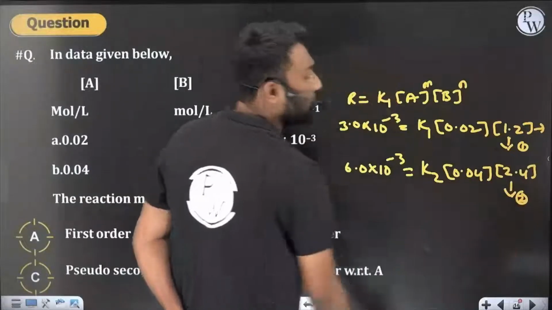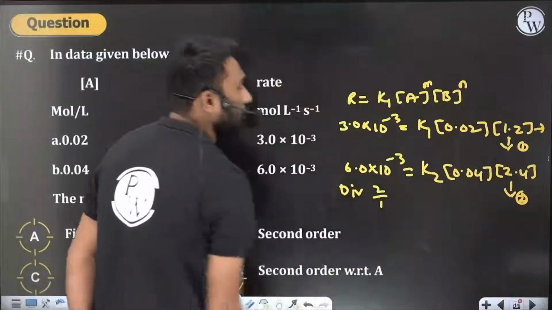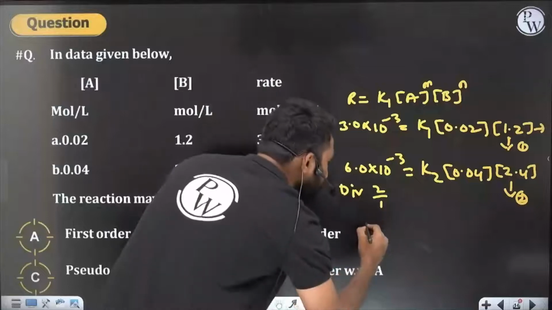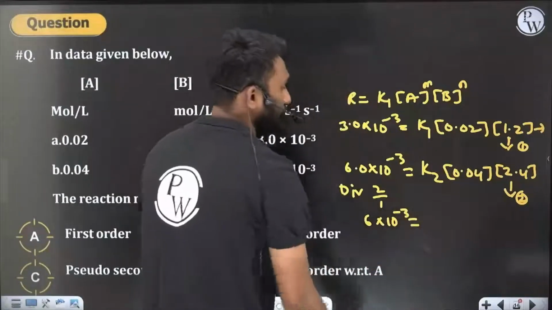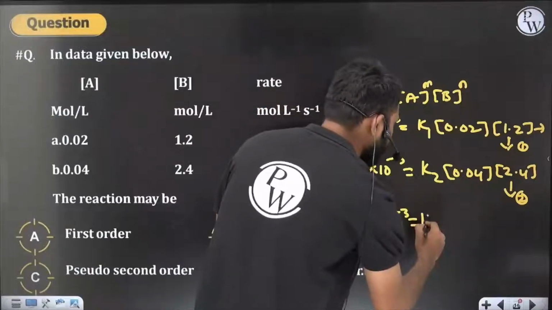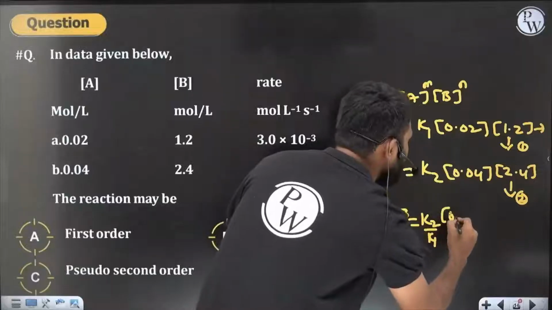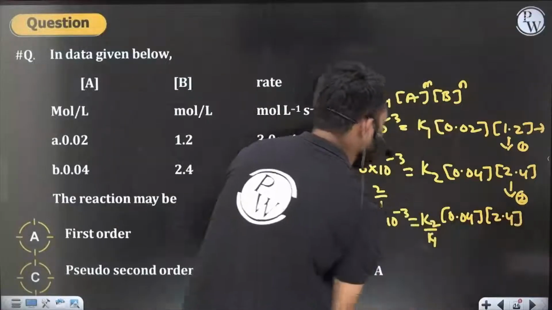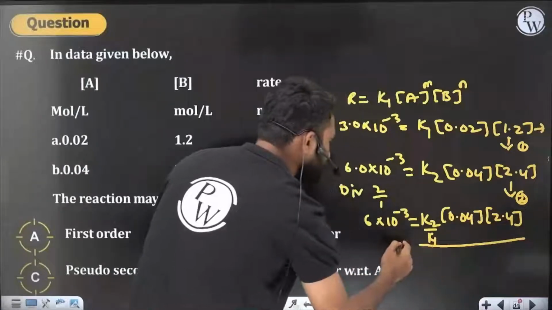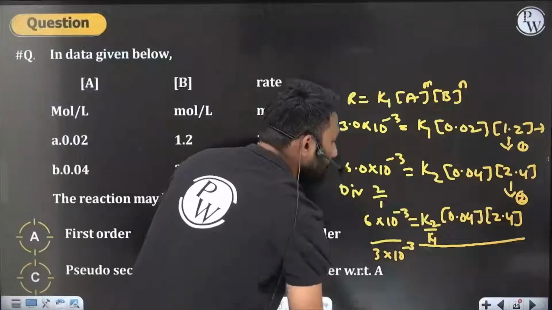Now divide 2 by 1. If you divide 2 by 1, how much will it become? 6 into 10 to the power minus 3 by 3 into 10 to the power minus 3 is equal to K2 by K1, which is a constant only, into 0.04 by 0.02 to the power m into 2.4 by 1 by 2 to the power n.